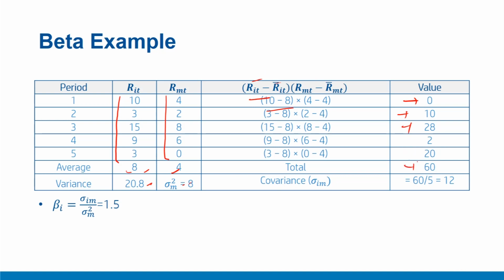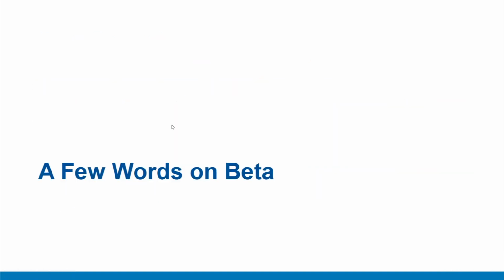When we divide it by 5, we average it out to get the covariance number sigma im, which is 12. Now the beta is nothing but the ratio of this 12 divided by 8. So 12 upon 8 is 1.5. This is my beta for the returns that are given here. So this is how we compute beta for any security where returns for the security and returns on the market are given to us.